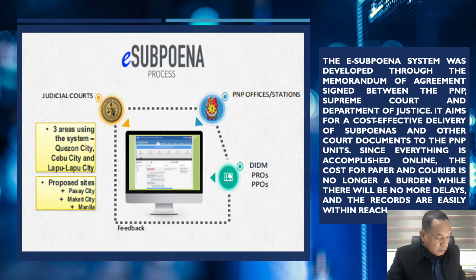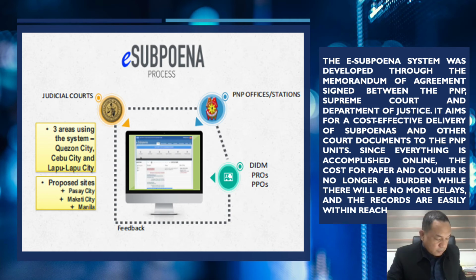It aims to have a cost-effective delivery of subpoenas and other court documents to the PNP units. Since everything is accomplished online, the cost of paper and courier is no longer a burden, while there will be no more delays and the records are easily within reach.